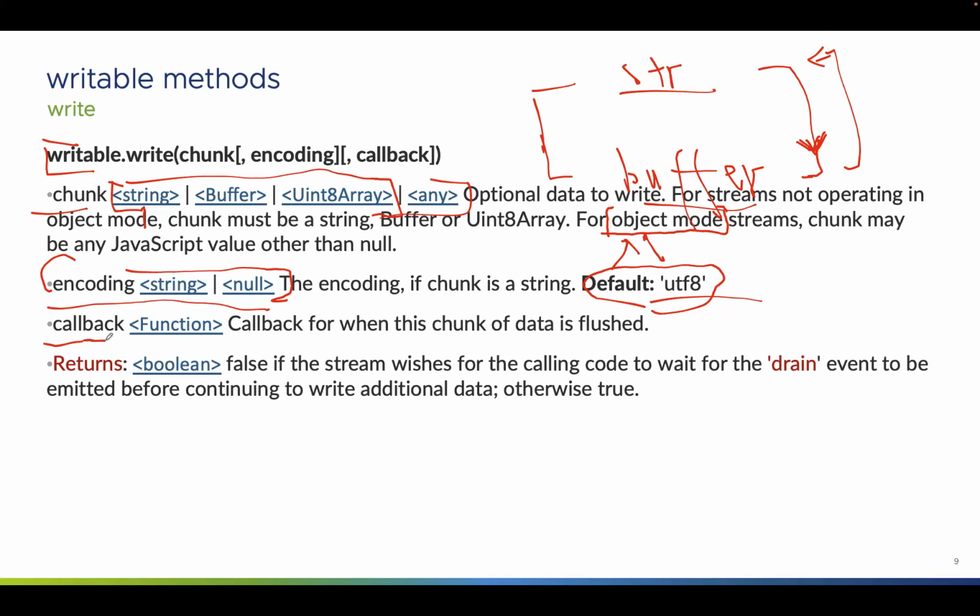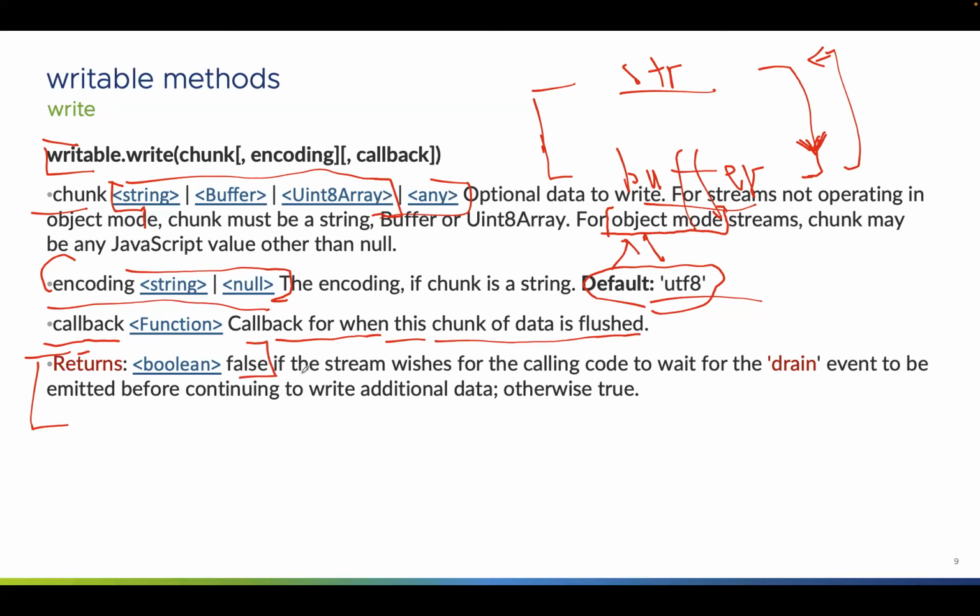And the last parameter is a callback. That means when Node.js finishes writing, the callback will be called. The return value is pretty essential for us to focus on, because it leads to another concept, which is back pressure. This write method returns a Boolean value.